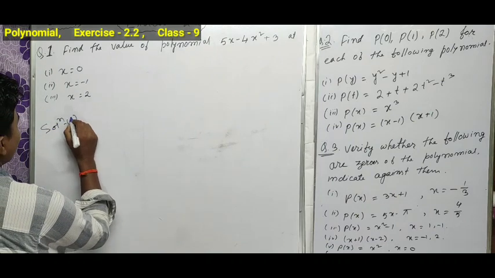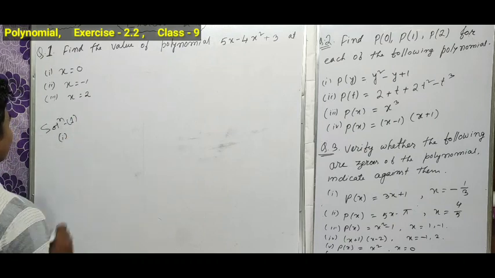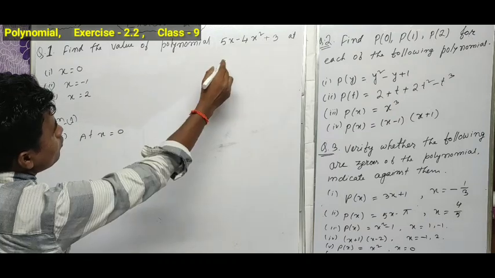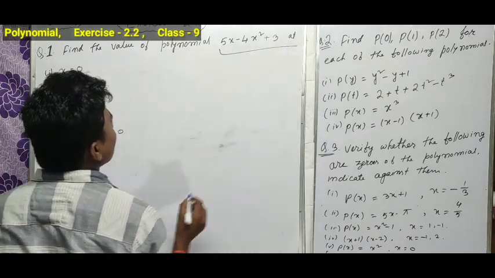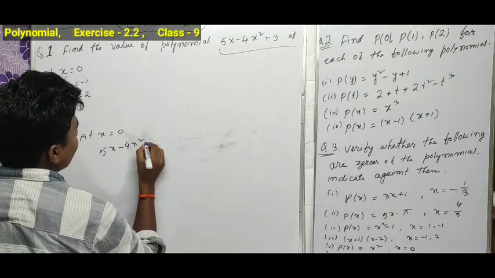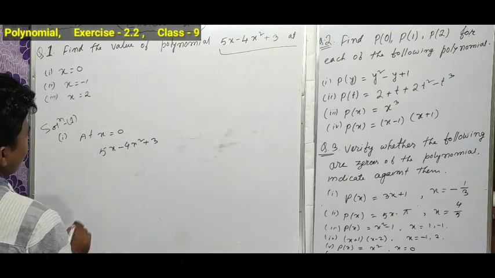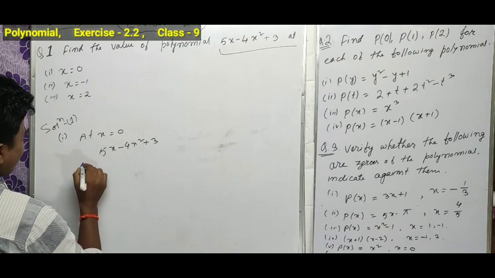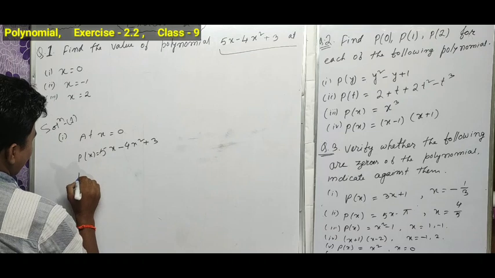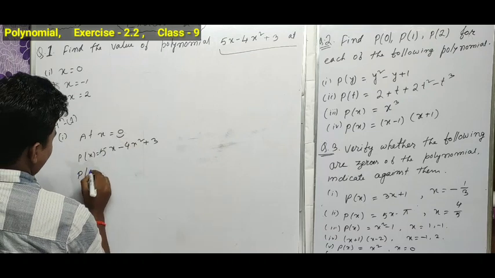Solution number 1, at x equal to 0. So this is our polynomial 5x minus 4x square plus 3. At x equal to 0 we can write it as p(x), and then p(0).